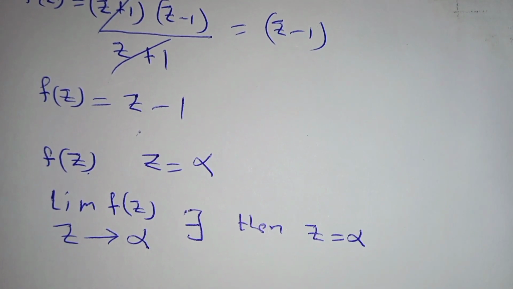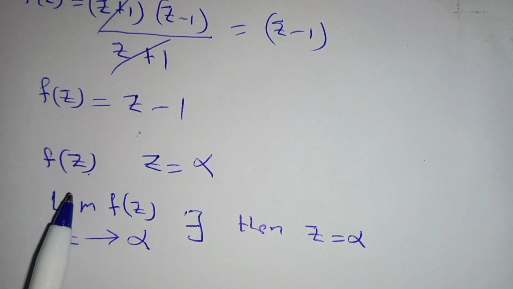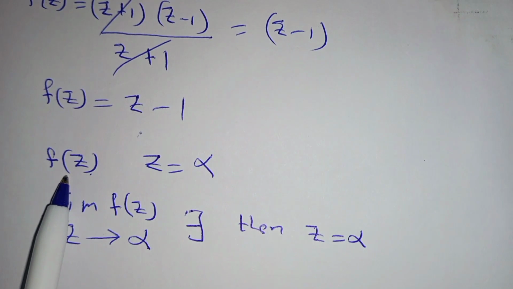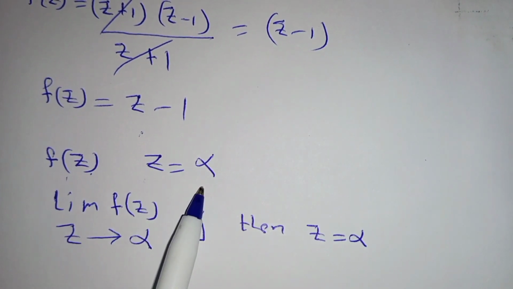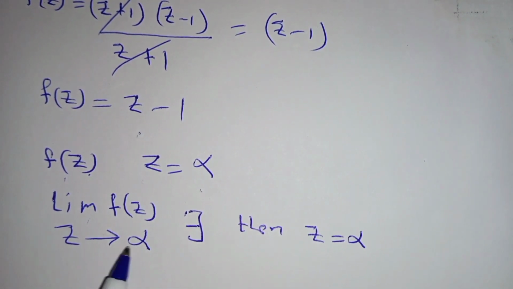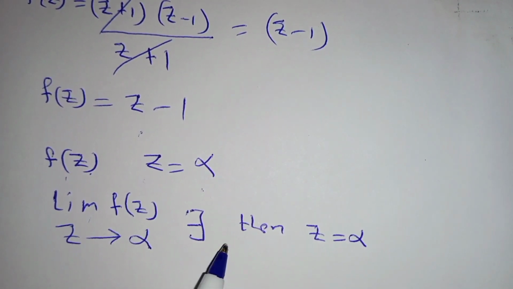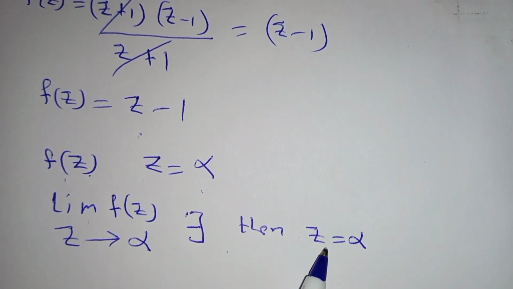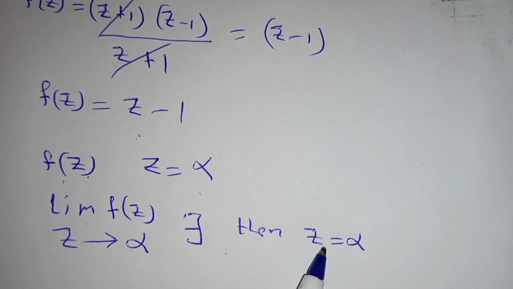I repeat, if f of z is a function defined everywhere except at z is equal to alpha, and the limit of f of z as z tends to alpha exists, then z is equal to alpha, we call it a removable singularity.